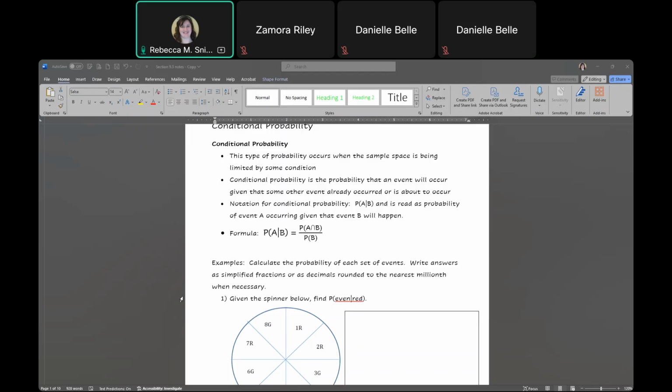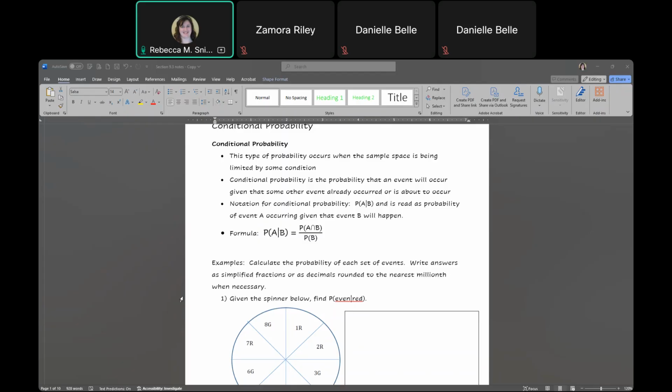A conditional probability says that a probability will occur given that something has already occurred. Okay. So, for example, what is the probability that Savannah Tech will be closed given that Hurricane Milton was coming?